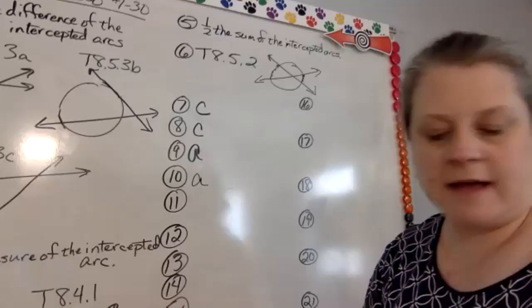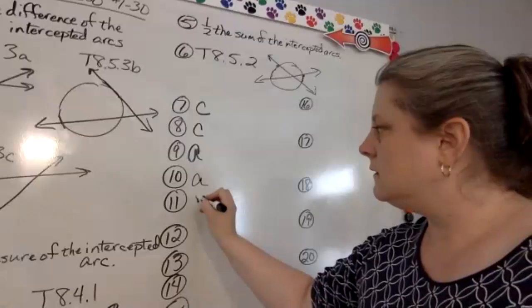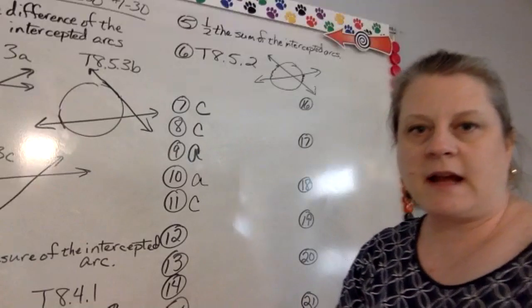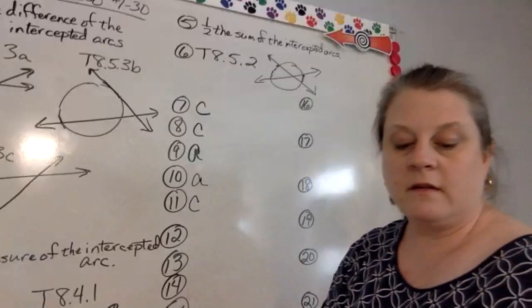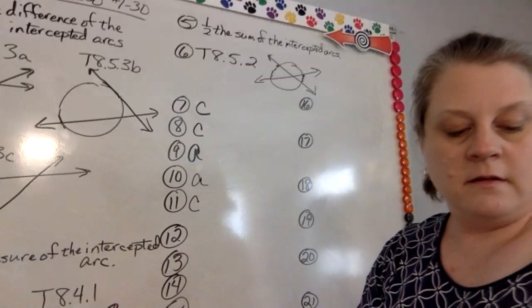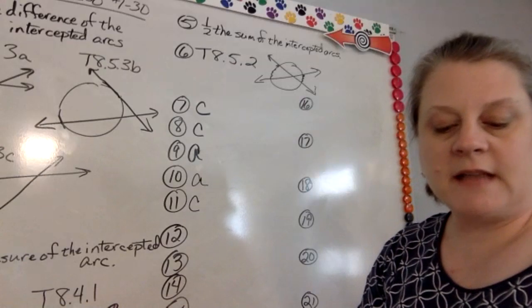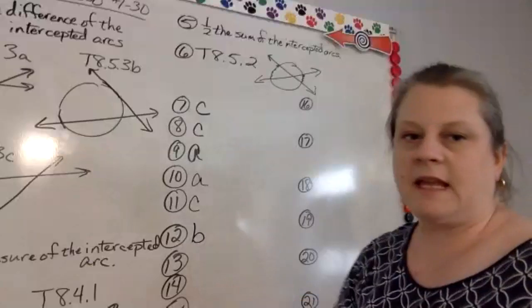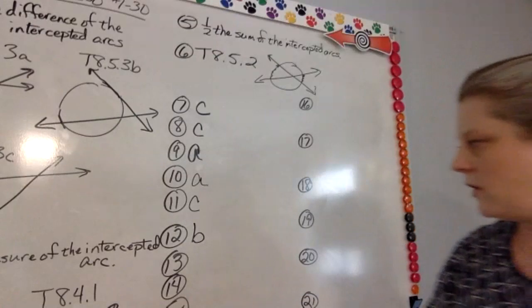So outside is C. Number 12, inside, outside, or on? Inside. Angle 6 is inside, so that's choice B, half the sum of the arcs.